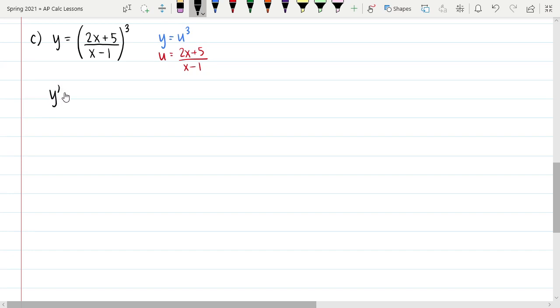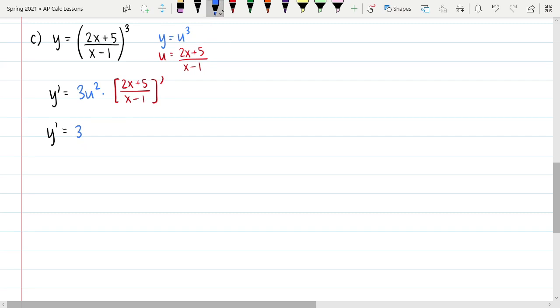So y prime equals, so it's the derivative of u, so that's going to be 3u squared, times the derivative of u. So the derivative of 2x plus 5 over x minus 1. All right, so y prime equals 3u squared, but my u is 2x plus 5 over x minus 1, so I'm going to go ahead and substitute that back in.